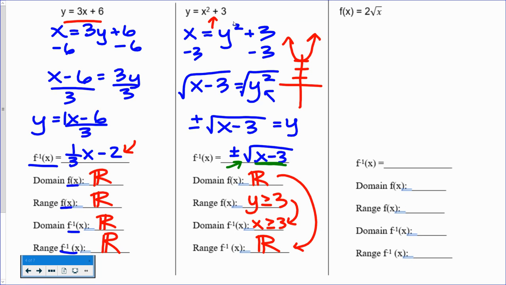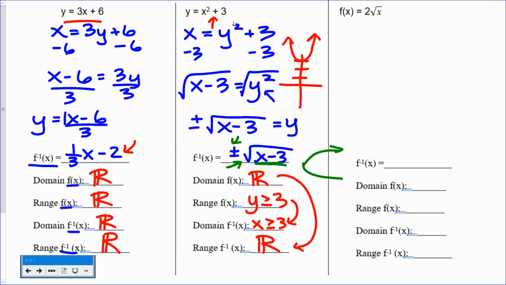When we don't have that plus or minus in front, that's just going to be that little half parabola graph. When you have the plus or minus, it's going to be both sides of that. So that would make this range all real numbers, versus if it didn't have the plus or minus, it would have only been y is greater than or equal to 0.